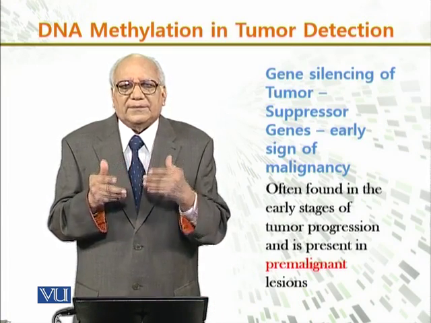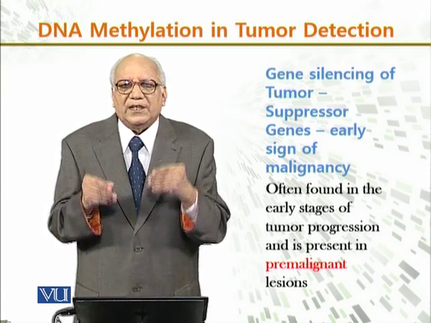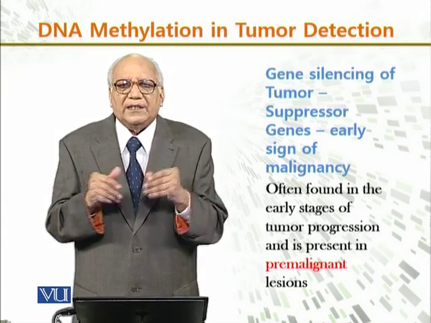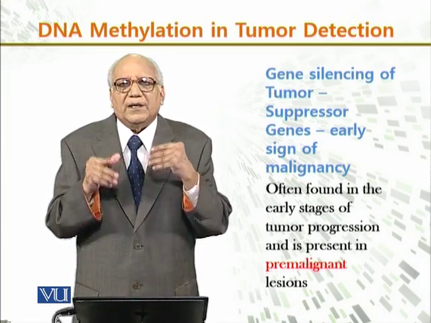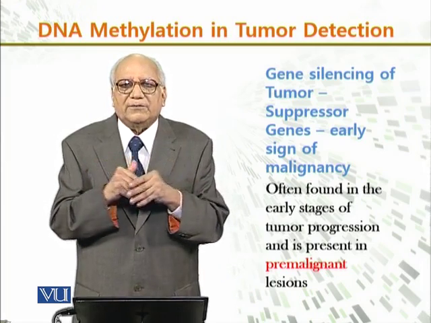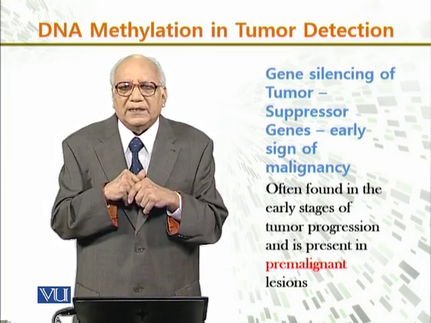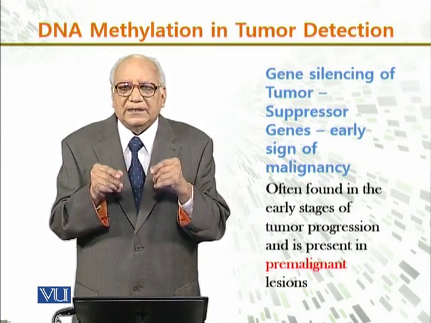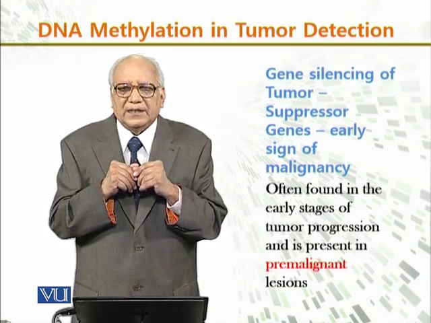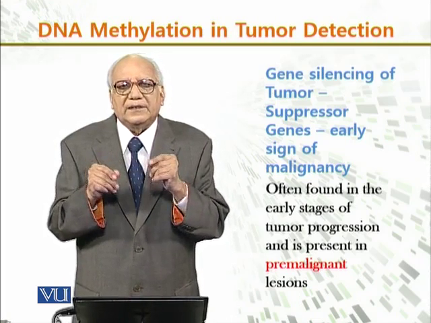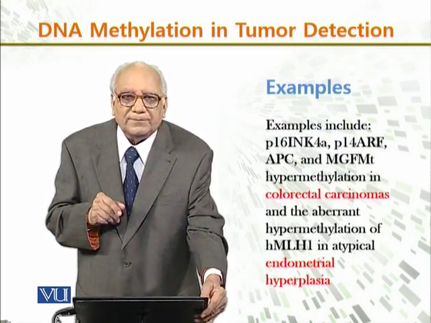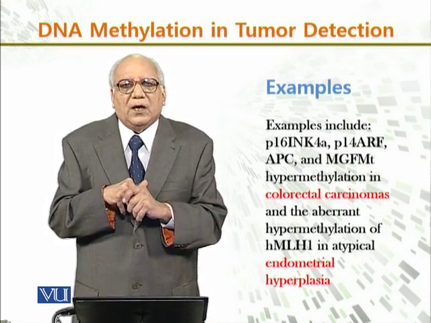Now, another way is the gene silencing of tumor suppressor genes, which is an early sign of malignancy. Gene silencing of tumor suppressors can be detected and is often found in the early stage of tumor progression and is present in premalignant lesions, when premalignancy is not yet apparent.